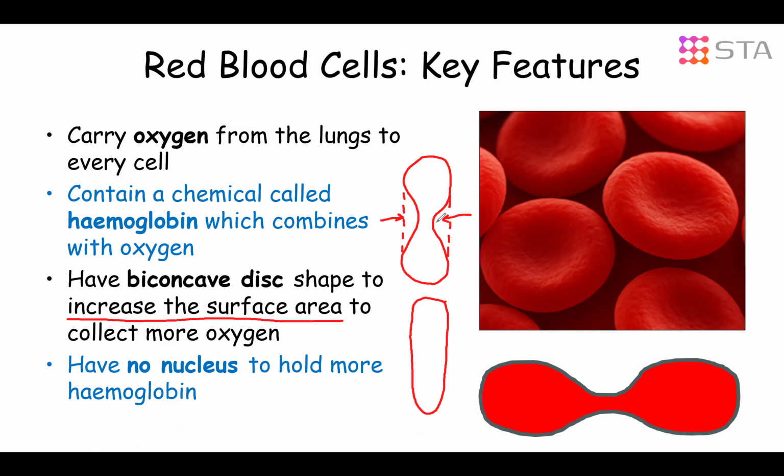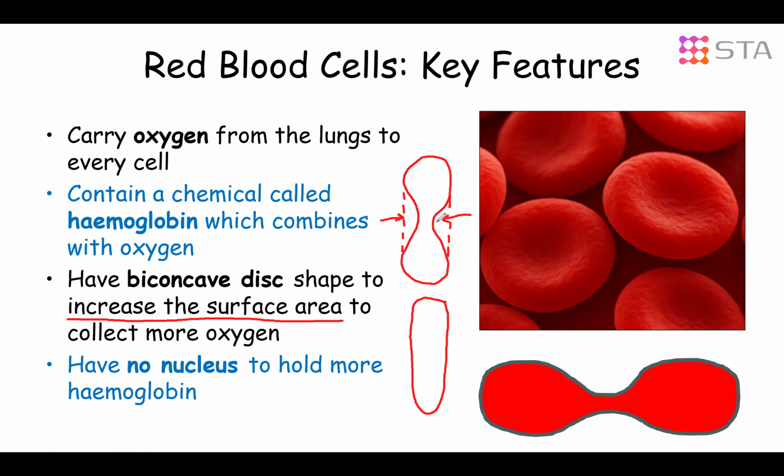Now, surface area in cells is something that we will be looking at later in greater detail because it's a very, very important concept in biology. Why do several specialized types of cell have a high surface area?